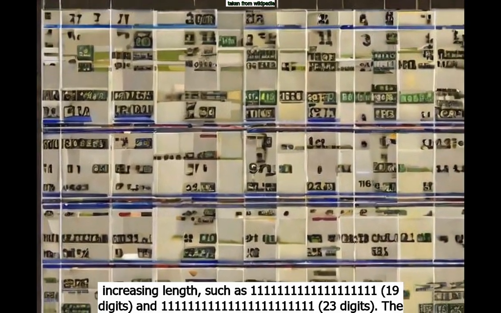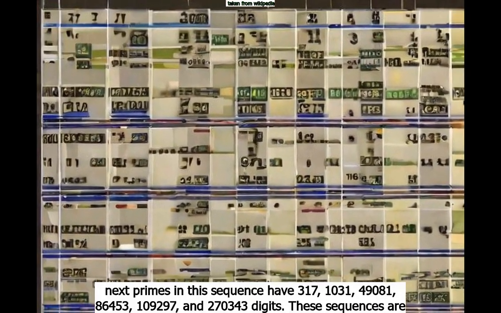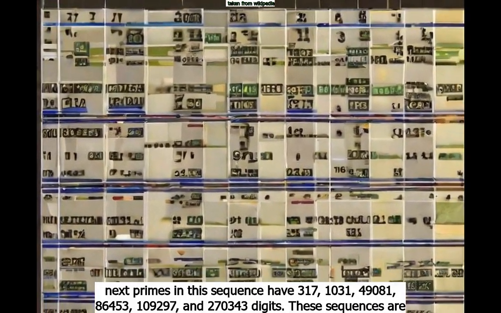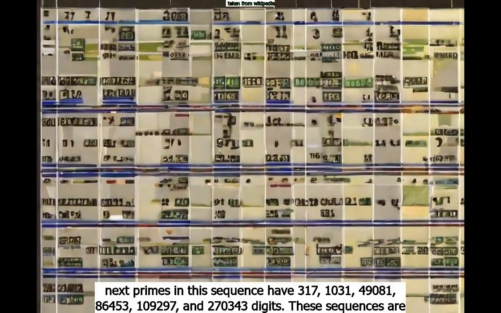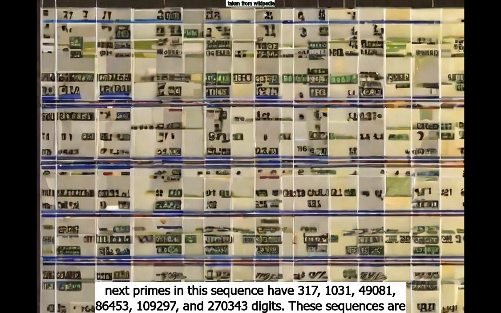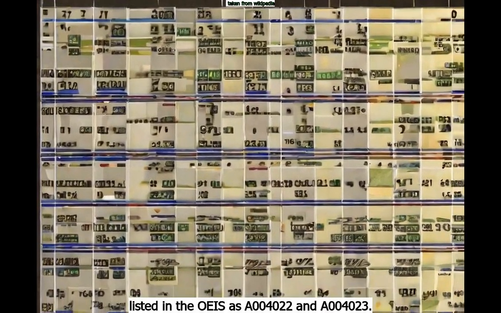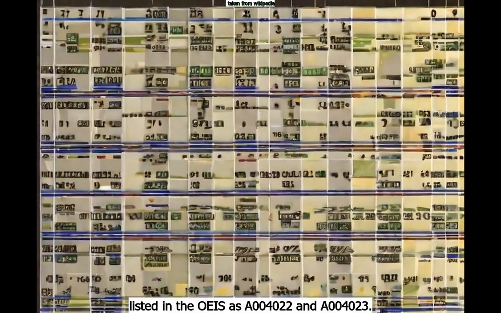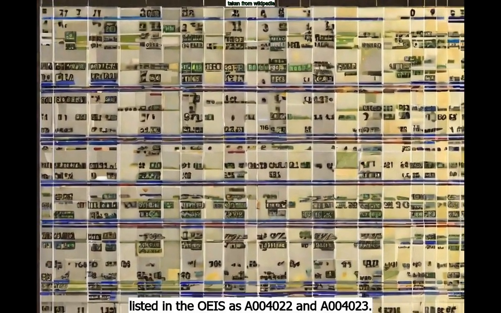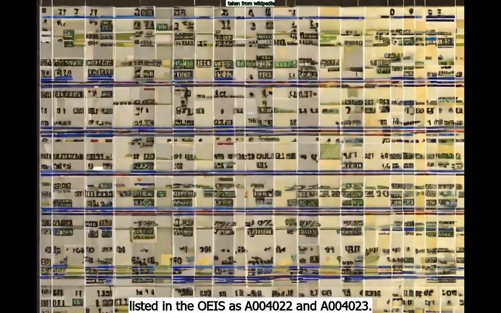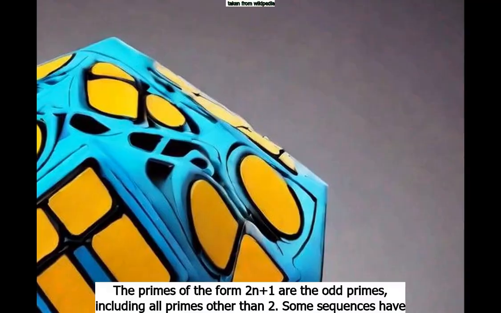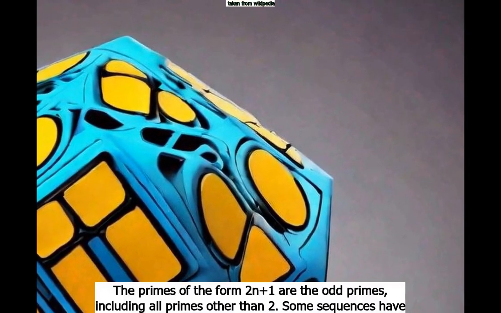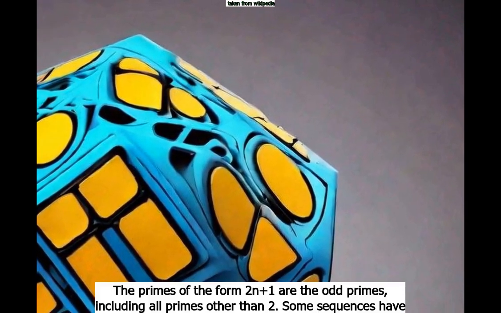The next primes in this sequence have 317, 1031, 49,081, 86,453, 109,297, and 270,343 digits. These sequences are listed in the OEIS as A004022 and A004023.